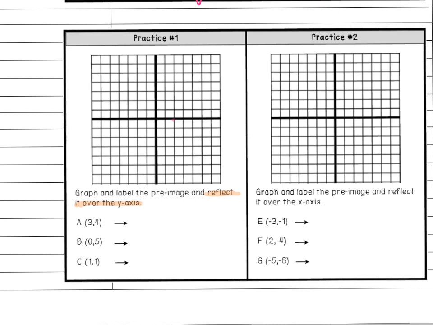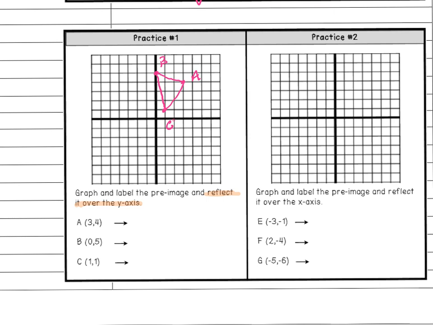And this should be A. Okay, and B is 0, 5. B. So I'm going to connect that. And C is 1, 1. Ooh, such straight lines. Okay, so there's my figure.